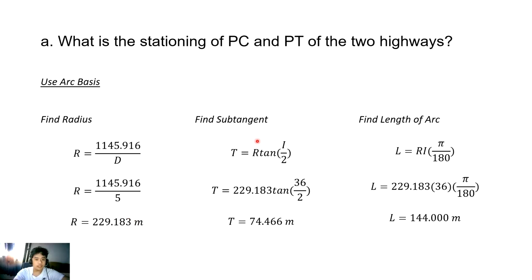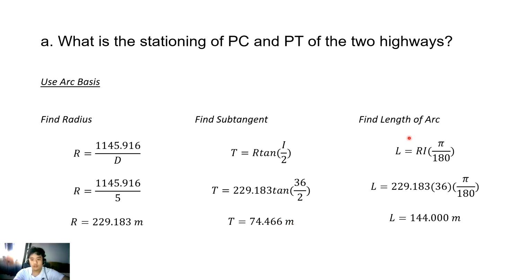And for the subtangent, we have the formula R tan I over 2, where I is the angle of intersection. We substitute the radius we got earlier, 229.183, and the angle of intersection we got from the two bearings, which is 36. Then we solve on the calculator and get 74.466 meters. It is in meters because it is metric.